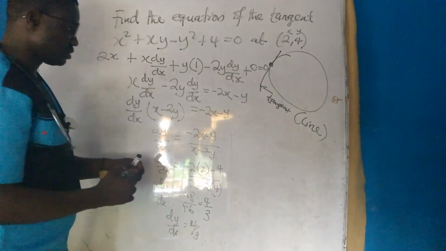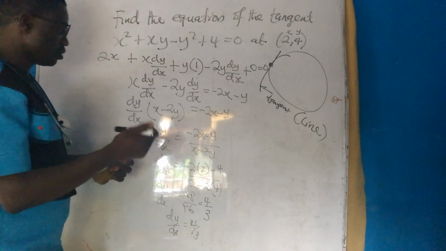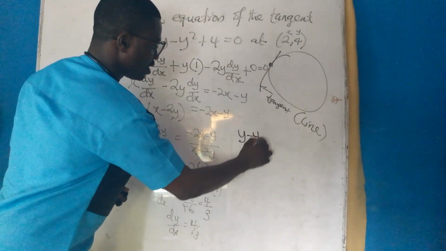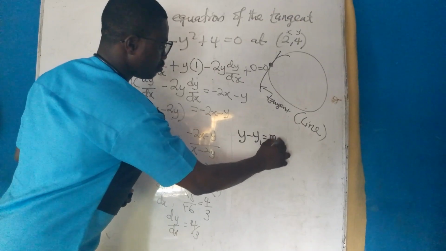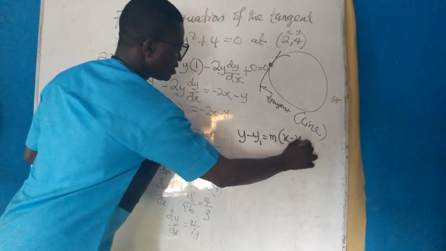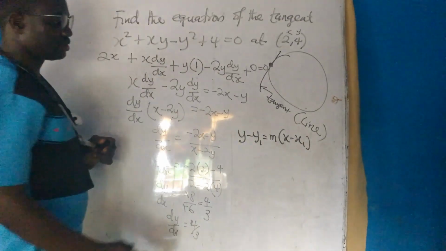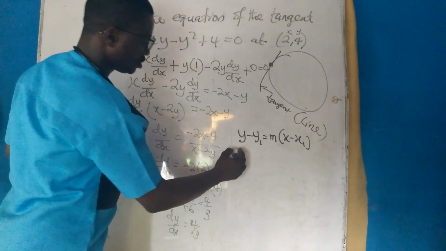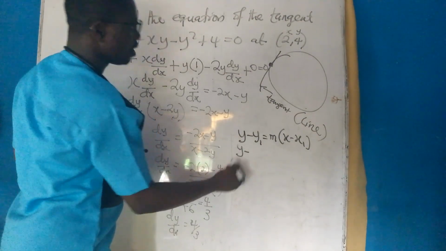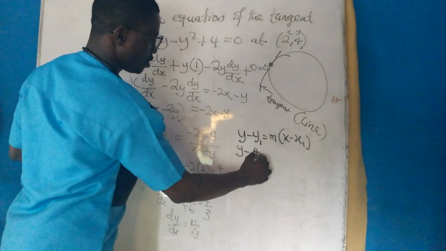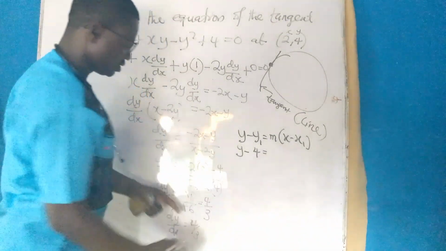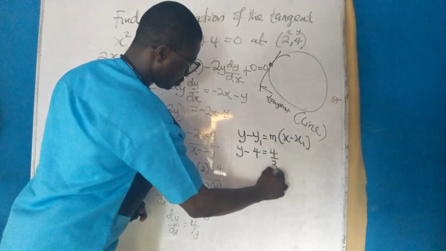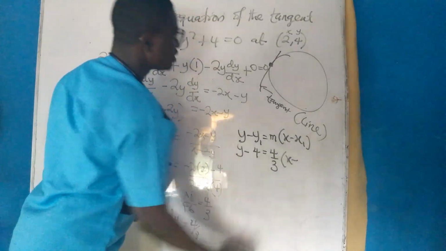So in that case, the equation of a line, which we all know, is y minus y1 is equal to m times (x minus x1). We can now substitute the point into the expression. So y minus y1, which is 4, is equal to the gradient, which is 4 over 3, don't forget, which is the m, times x minus x1, which is 2.